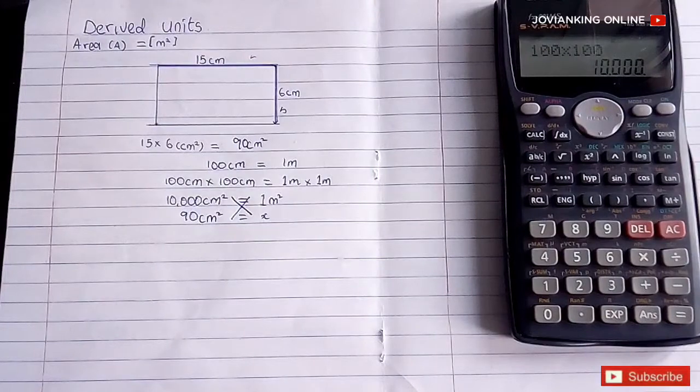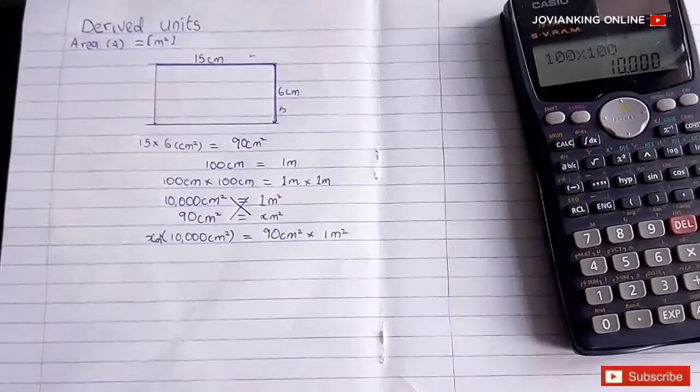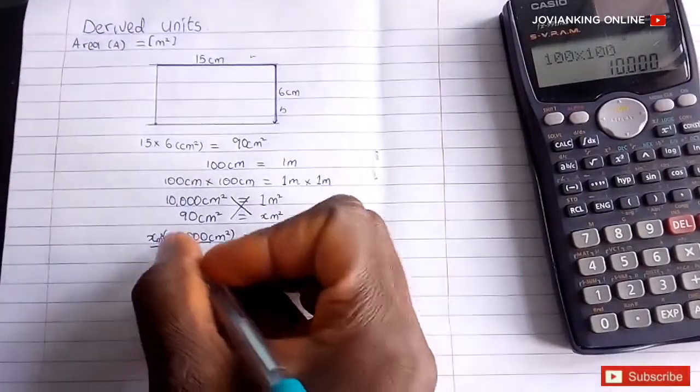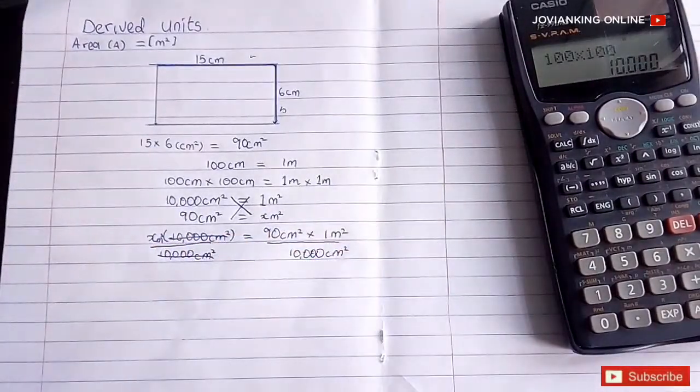From the cross multiplication, this is what we have. What are we looking for? We are looking for S meter square. So making S meter square the subject of the formula, we divide both sides by the coefficient of S meter square. This is what we have. The next thing you have to do is cancel here, because they are both the same thing.